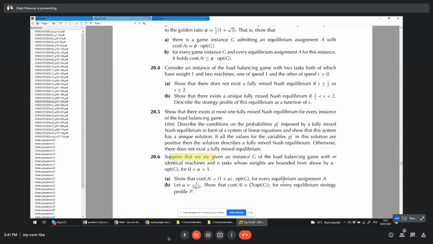So each task weighs at most alpha of the optimum, for some alpha between 0 and 1. Then show that the cost of a pure assignment cannot be more than 1 plus alpha times the optimum for any equilibrium.